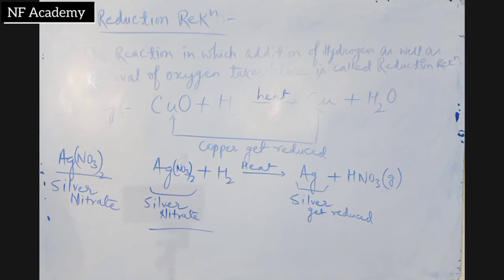In the same way silver nitrate gets reduced to silver. Similarly, calcium phosphate in the presence of heat gets reduced to calcium as well as phosphorus. So calcium gets reduced here. These are simple examples of reduction reaction.